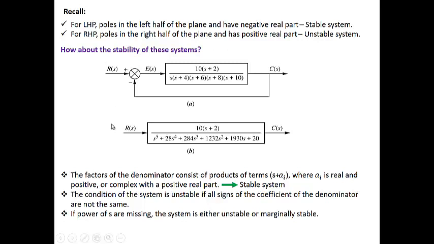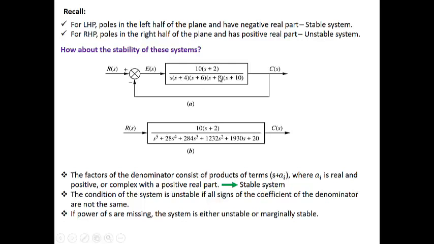The first tip that we can use in order to define the block diagram system here is the factor of the denominator. First kita kena tengok the factor of the denominator. If it consists of product terms S plus ai, where ai is real and positive, or complex with a positive real part, we can consider that the system is stable.